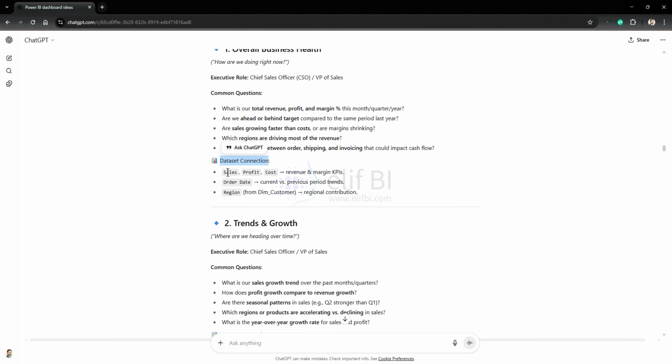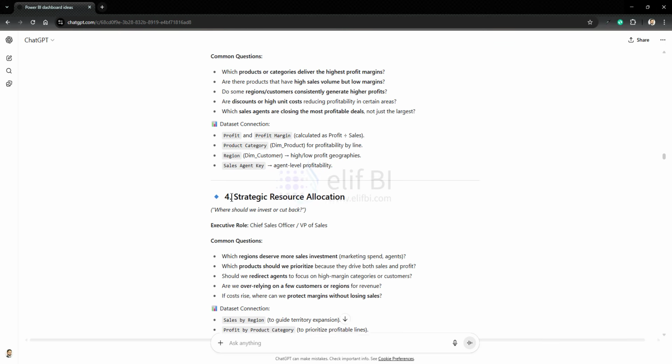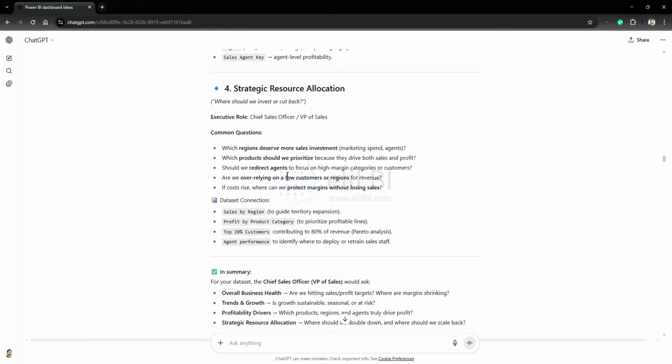Like, what are the metrics that I have in my data set that I can use to answer these questions? So we can see here order date, sales versus profit, product category, region breakdowns, and profit margin, sales agent key. These are some of the keys and some of the metrics that it's defining.